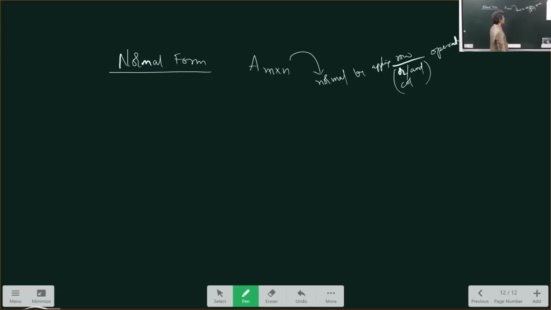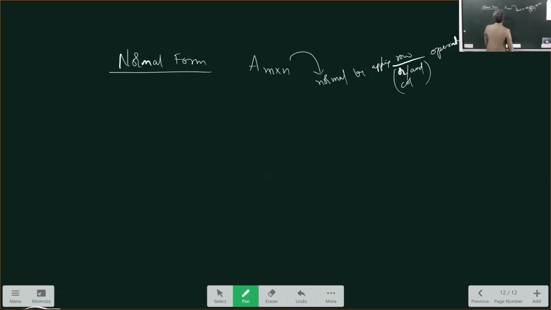When I am talking about row operations, I can apply only row operations to convert into the echelon form. But sometimes, based upon the order, I need to apply the column operations also. If it is an n cross n matrix, I can apply only row operations, then I can convert to the normal form. If the number of columns is more than the number of rows, then I need to take the help of column operations. Sometimes, if the number of rows is more or columns are less.